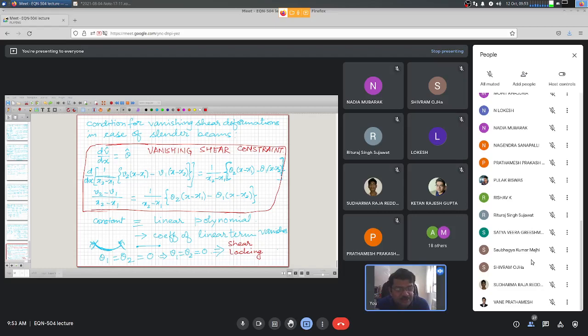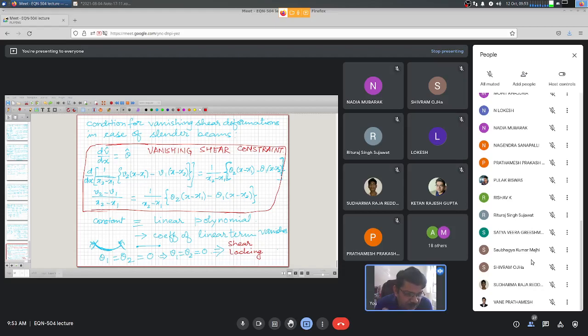And then the fourth one was consistency. The statement was that the finite element approximation should be consistent with the basic mechanics of the problem. And that is what we have run into here.